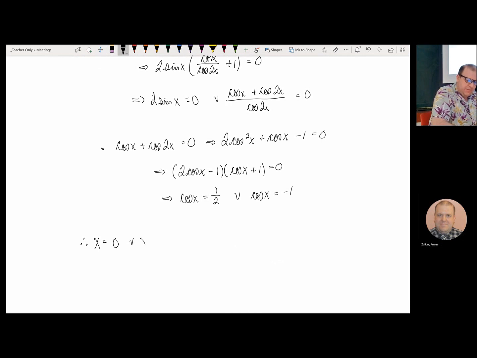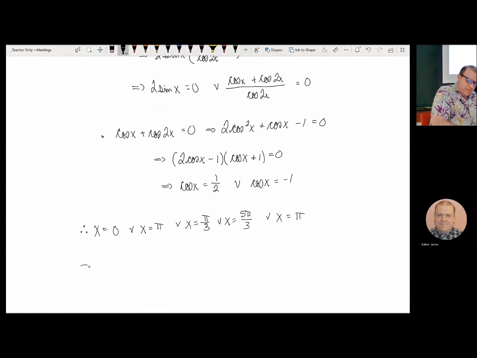You get 0 or pi, right? When is cosine a half? Pi over 3 or 5 pi over 3? And when is cosine negative 1? At pi. Solution set. 0, pi over 3, pi and 5 pi over 3.